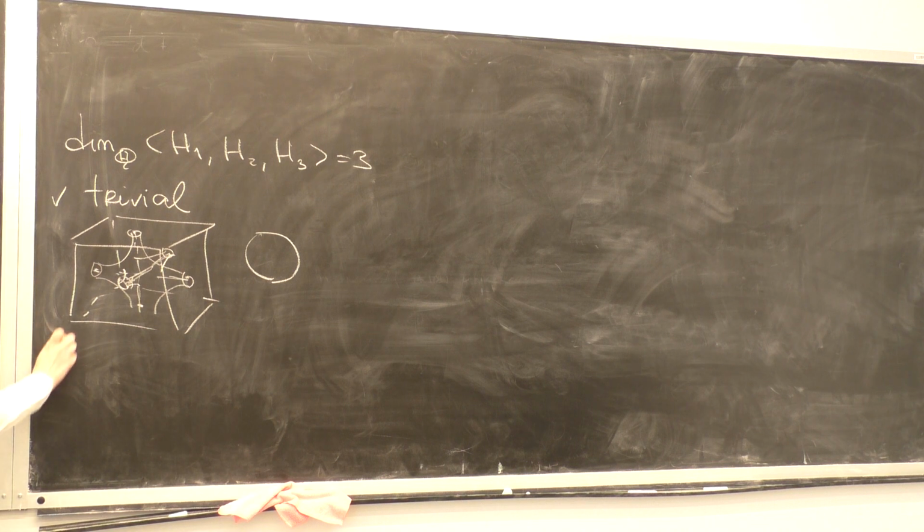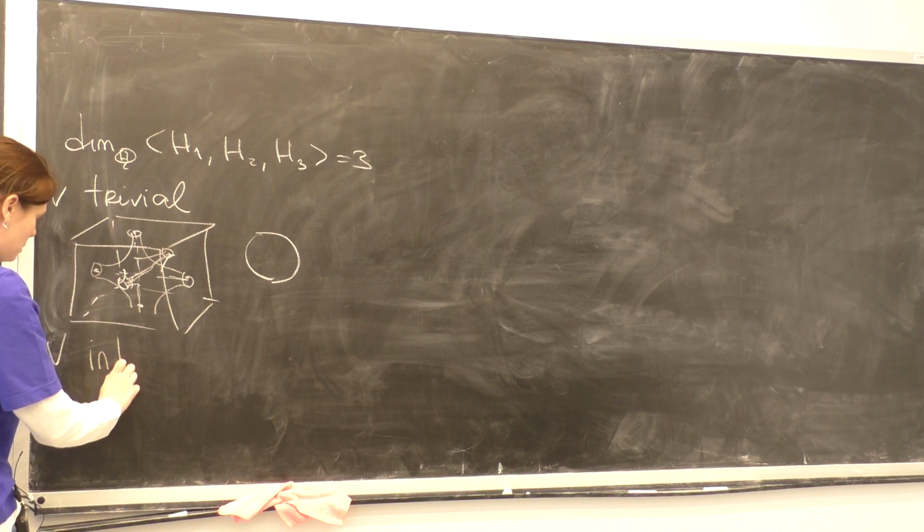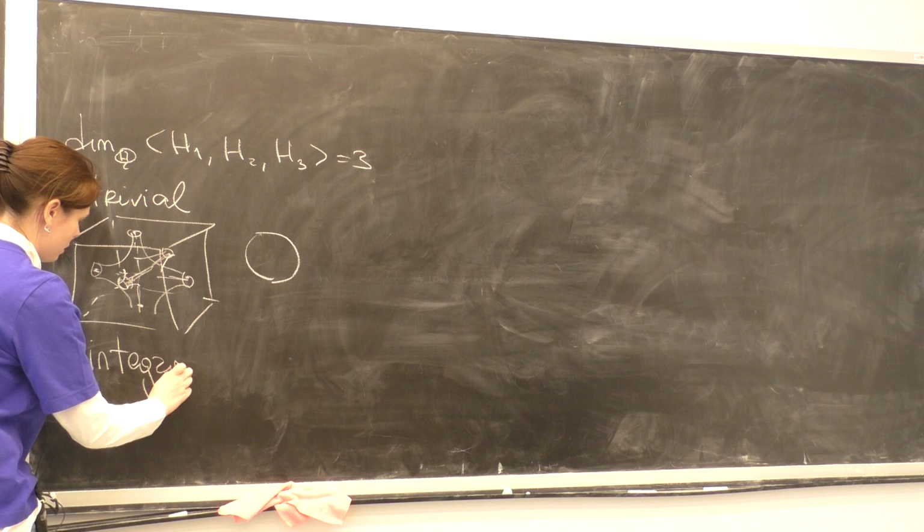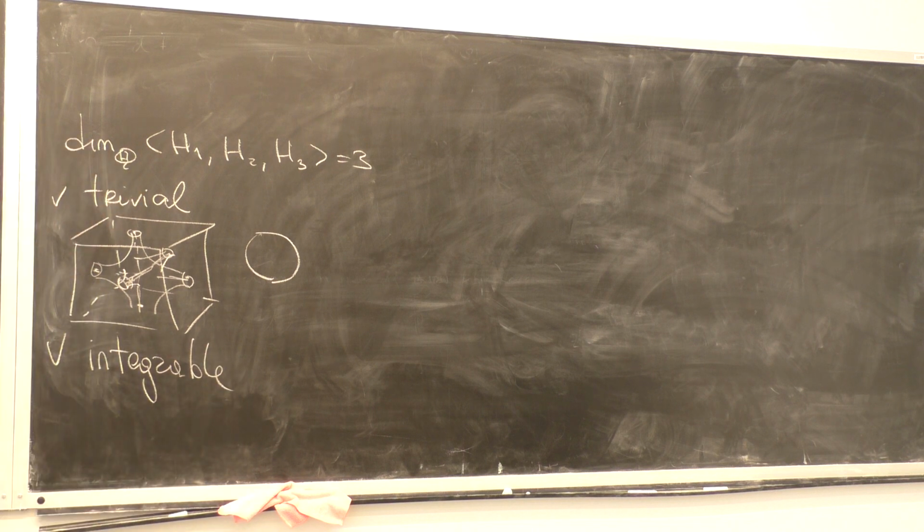So another option, which is much more popular and which is the most standard one somehow, is called integrable. That means that the following happens to your surface here. You take a surface and a foliation on it, and your surface is cut into components of genus 1.